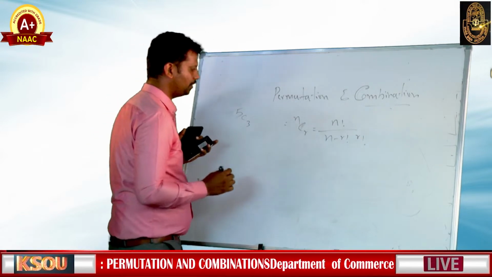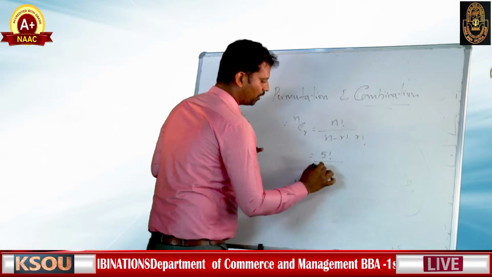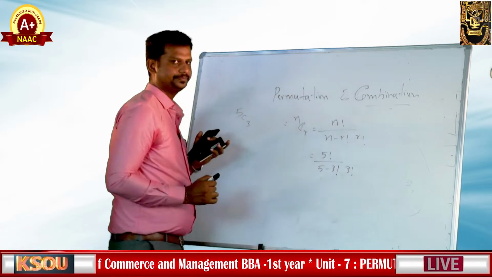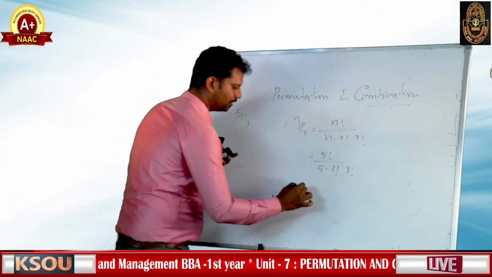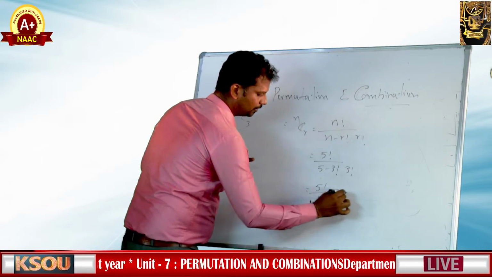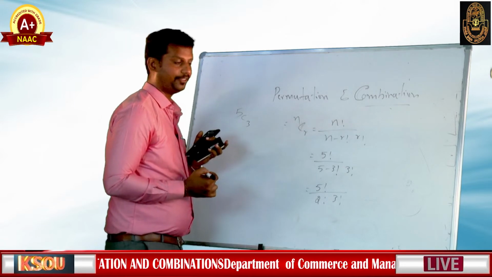Okay, so what is the n value? The n value is 5. So 5 factorial divided by (5 minus 3) factorial into 3 factorial. Here it is 5 factorial over 2 factorial into 3 factorial.